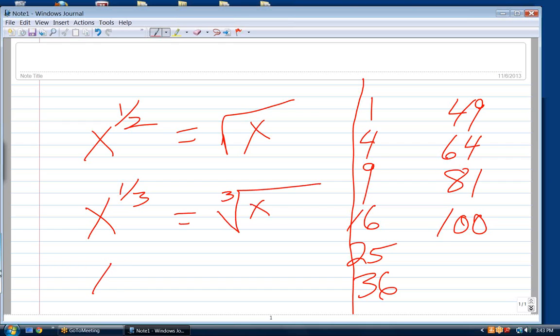So if I said 16 to the 1/2, that's equal to 4. And if I said what is 8 to the 1/3 equal to? 2. Right?